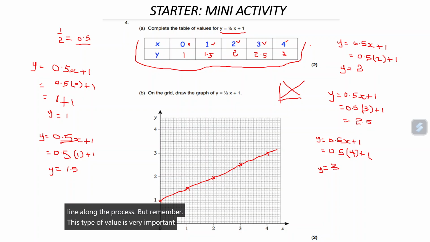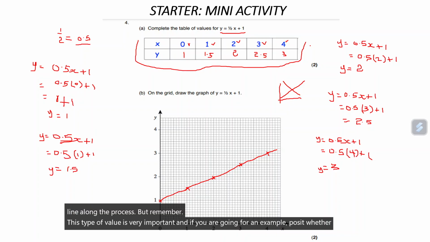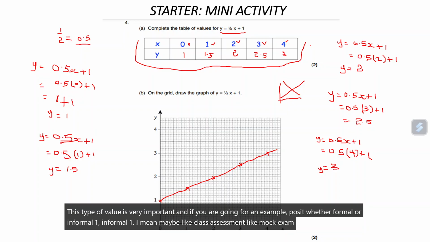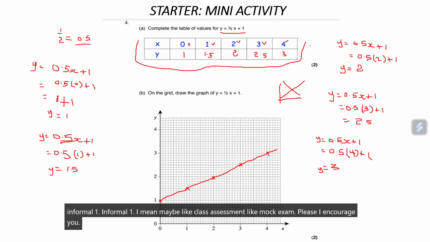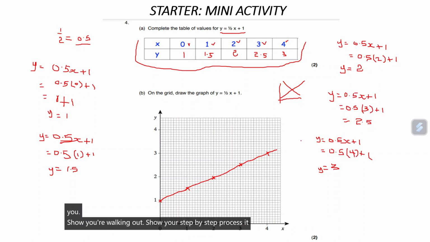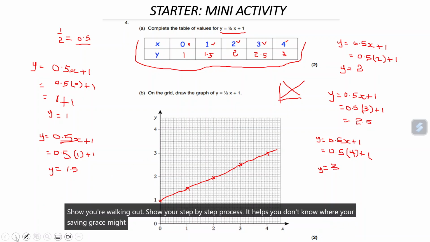For exam purposes, whether formal or informal, like a class assessment or mock exam, I encourage you, show your working out, show your step-by-step process. It helps. You don't know where your saving grace might come from.